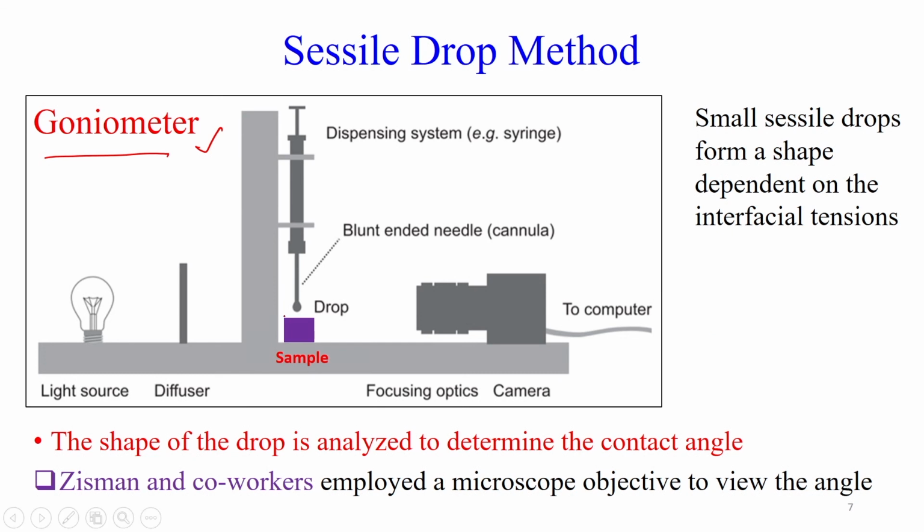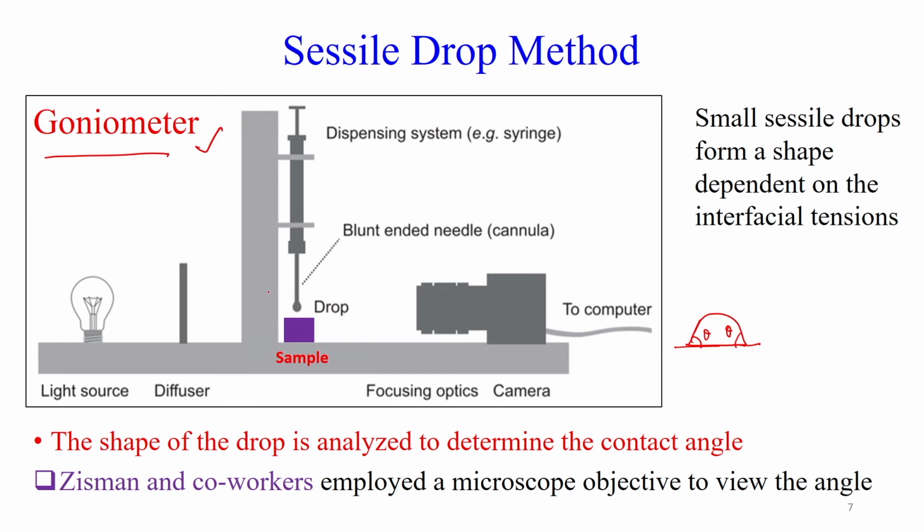So, this is a surface. If you put the drop like this, the camera records the shape, and once this shape is known, you should be able to determine the angle from both sides, the left side as well as the right side, and this angle is the contact angle.